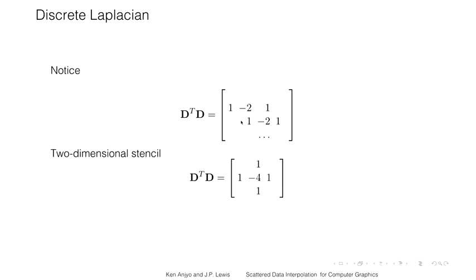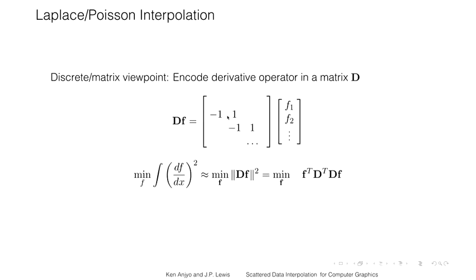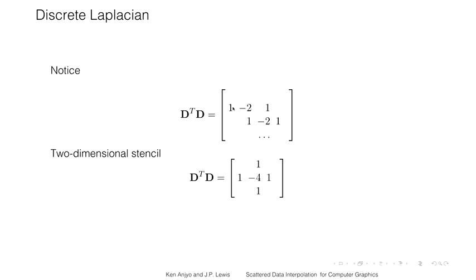So we started off, just to remind, with this as our D. That's our first derivative. If you form D transpose D, you get back the second order derivative. And so in math terms, this D transpose is the adjoint of D.